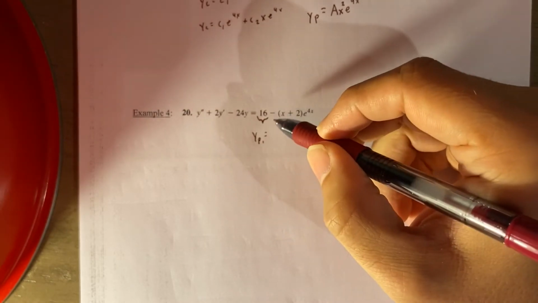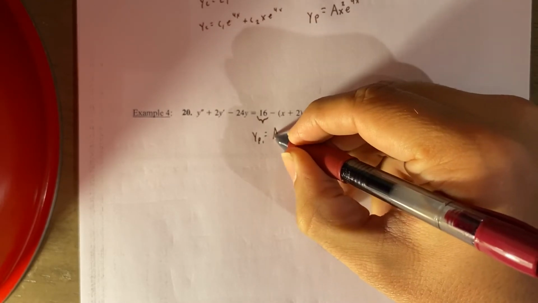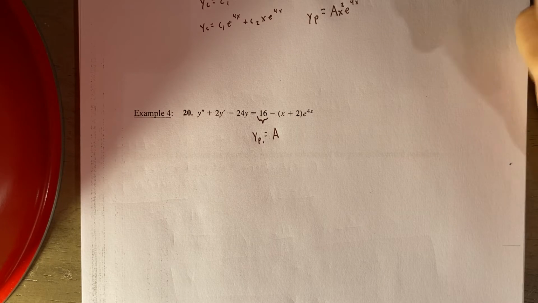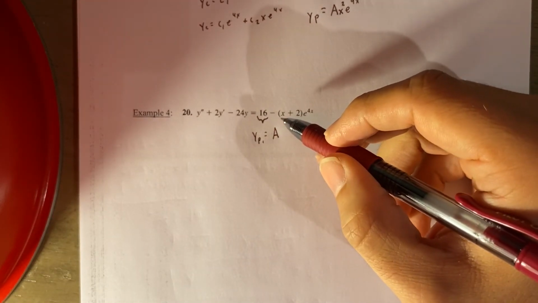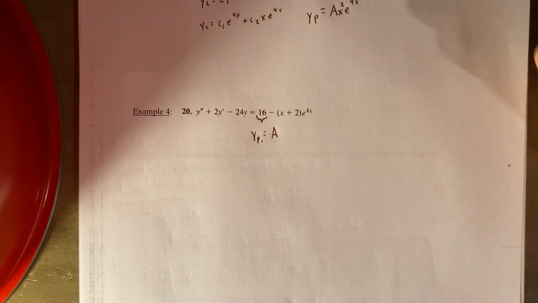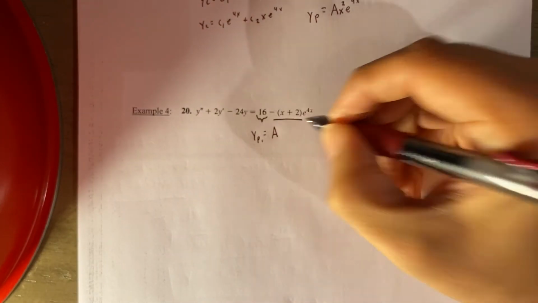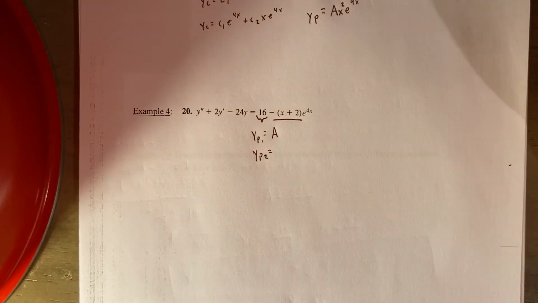Well, when we just have a constant, if we go back to page 1, we're told that then our undetermined coefficient, or solution, should have a here. But then we have minus x plus 2, which is a linear equation or a first degree polynomial, times e to the 4x. And if I go back to my paper here, then that should be my y sub p of 2.